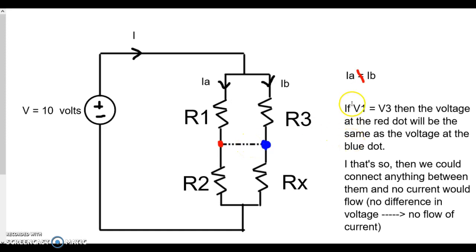So the way to make that happen is we don't have to assume that IA and IB are the same, but we do have to meet the requirement that V1, the voltage across this resistor here, has to equal V3. If it does, then the voltage at the red dot must be the same as the voltage at the blue dot.